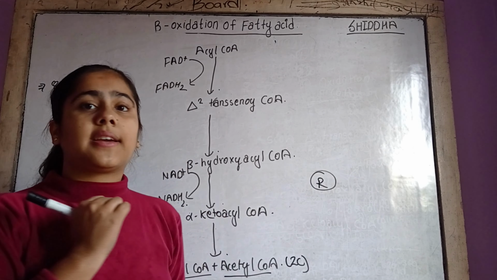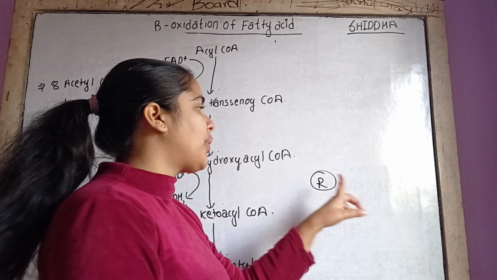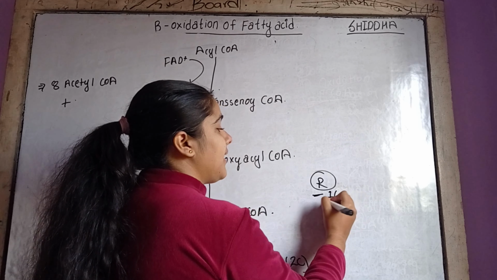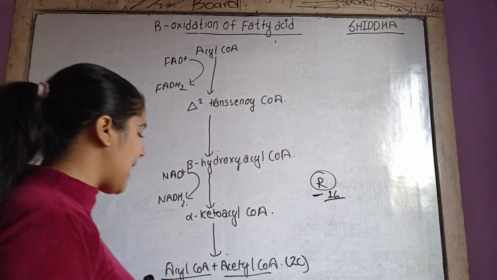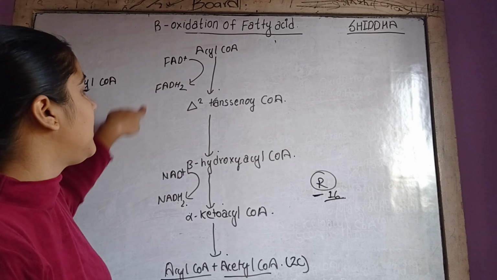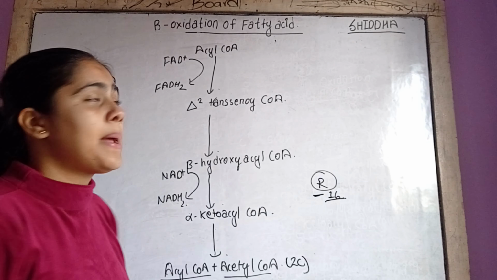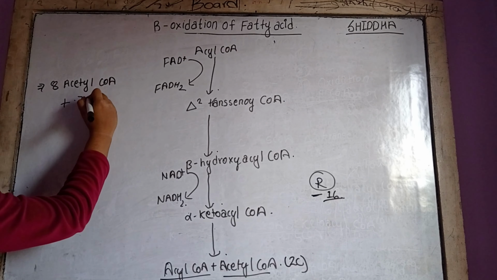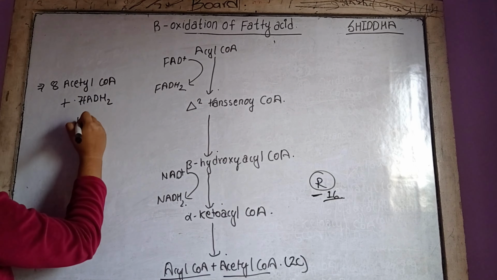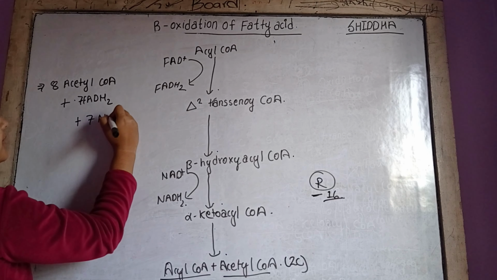But if we take palmitoyl coenzyme A, our R will be defined, and as it is an even chain fatty acid, at last we will get 2 acetyl coenzyme A. So therefore only 7 reactions would take place. So we will have 7 FADH2 and 7 NADH2.